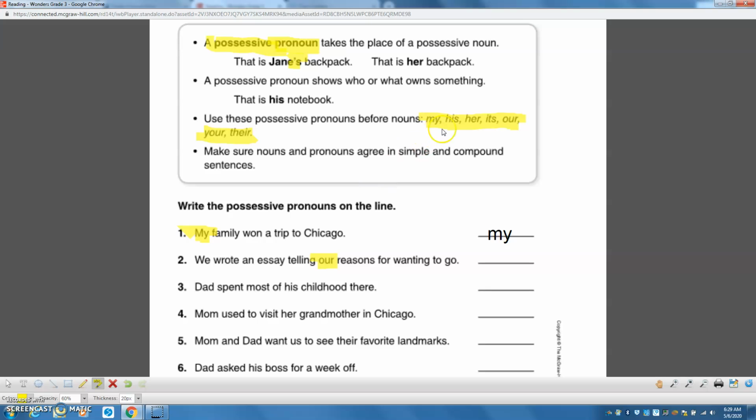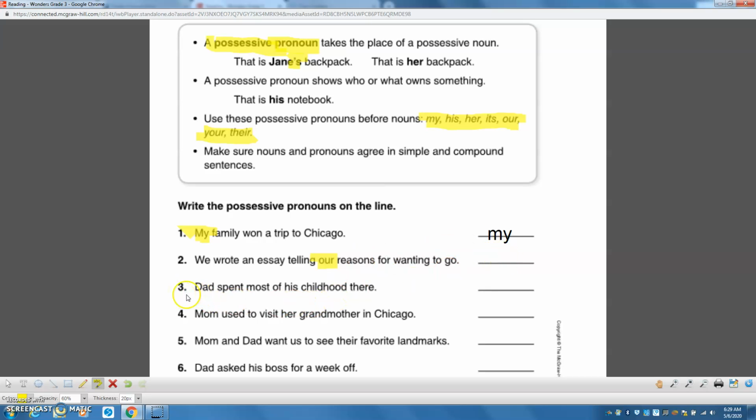So if we go back up to here where it told us what our possessive pronouns were, my, his, her, its, our was one of them, we was not. Okay, so to show ownership, the reasons and who they belong to, our is our possessive pronoun. So that is what you should have written down.